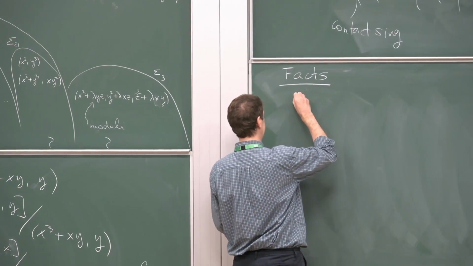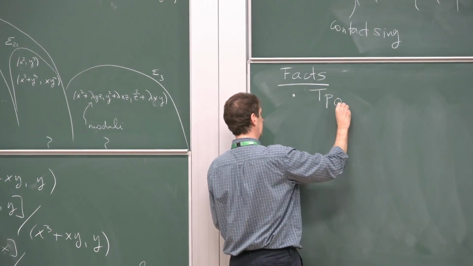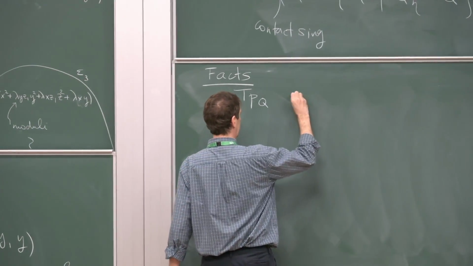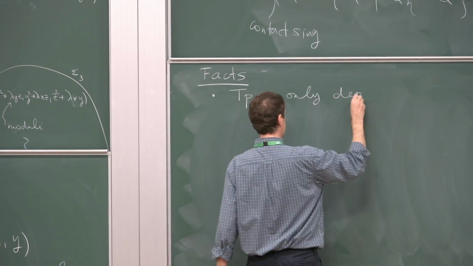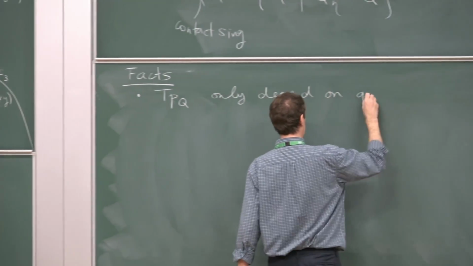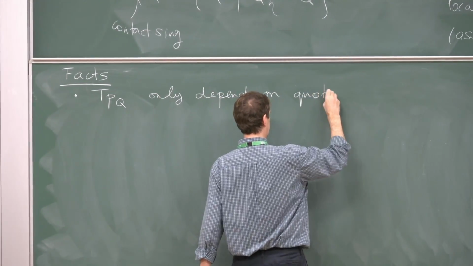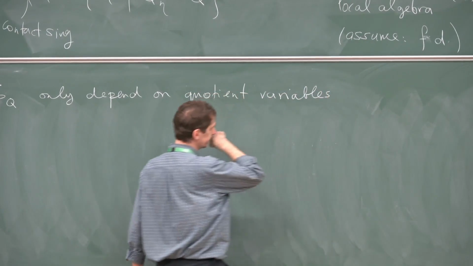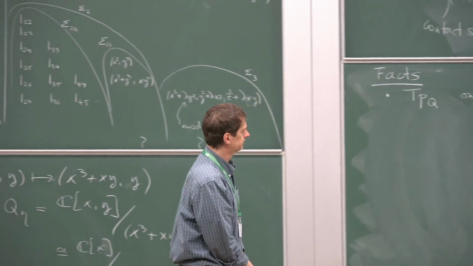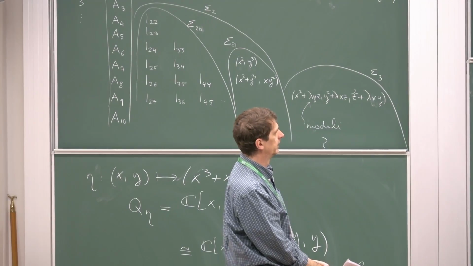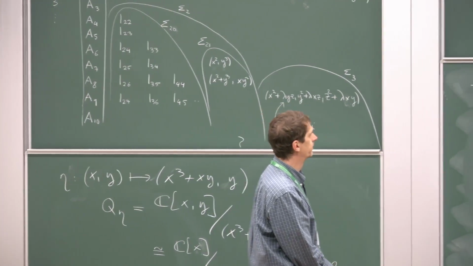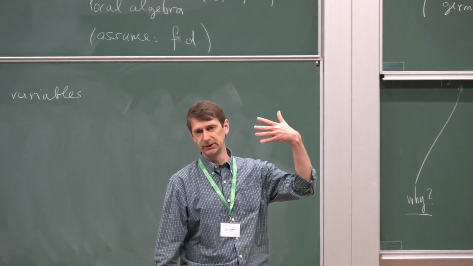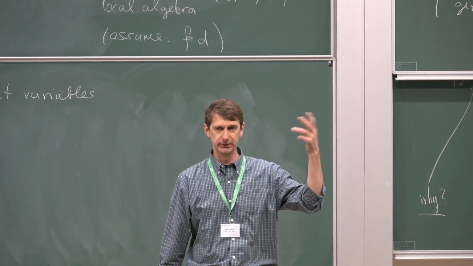The first fact is that Thom polynomials of contact singularities only depend on quotient variables. You should have been worrying about this, because when I gave the very first board, I gave you the Thom polynomial of the cusp singularity from 2 to 2.